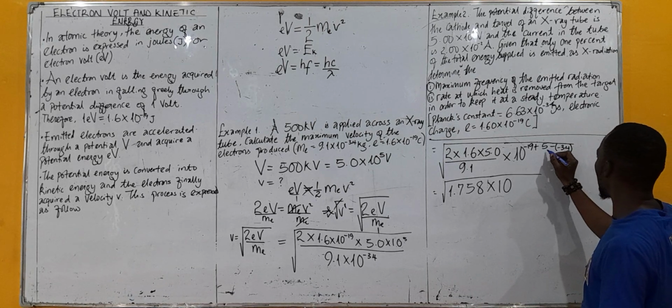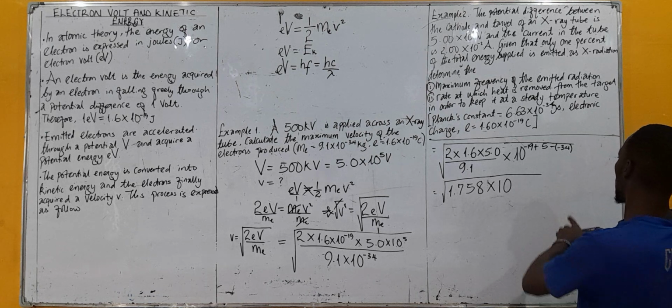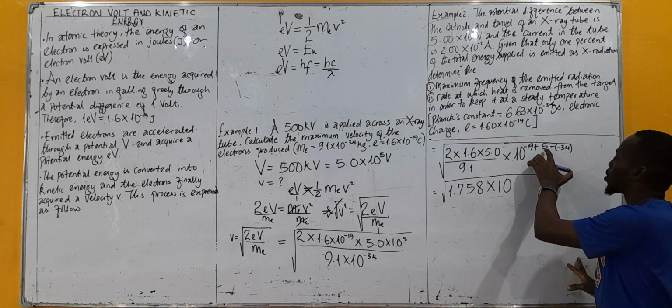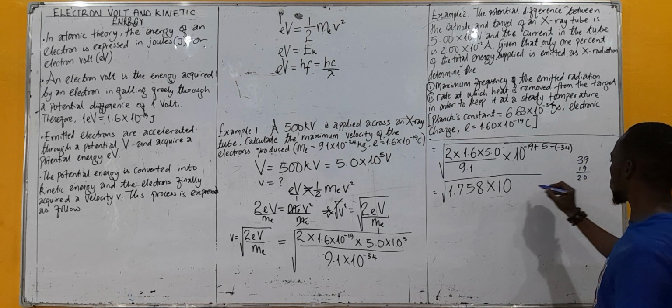So what we are having here is minus minus, negative negative is addition. So 34 plus 5 is 39, minus 19. Everything here is 20.